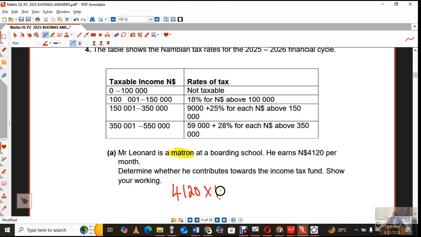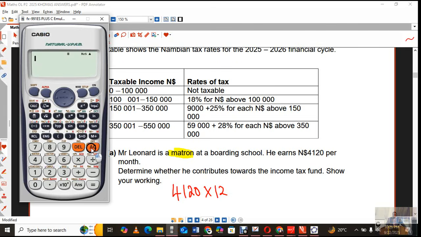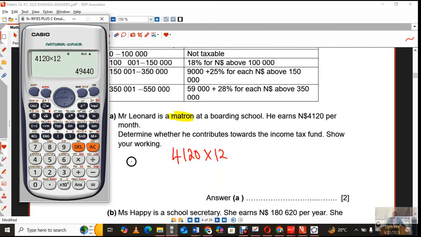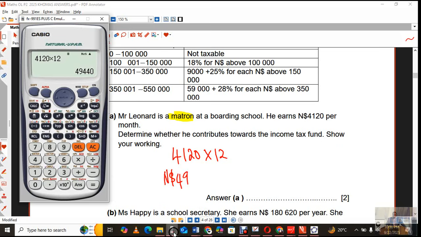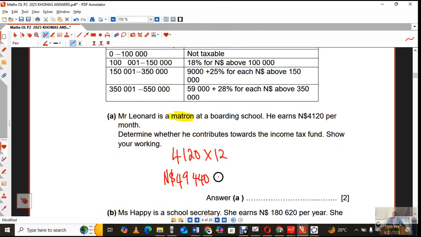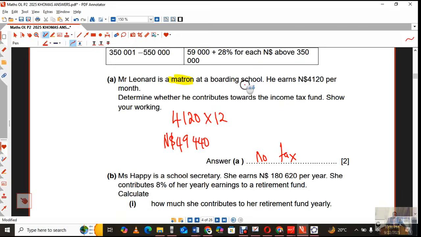So this would equate in a period of a year to 4,120 multiplied by 12, which gives 49,440. Let me just make sure, 49,440. And clearly you can see that this is below the threshold, so he is not paying any tax, not contributing anything towards tax.